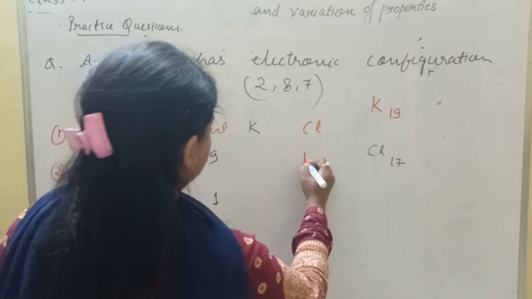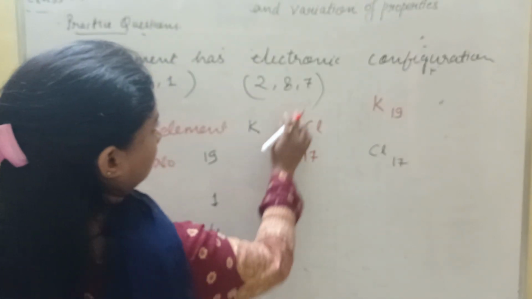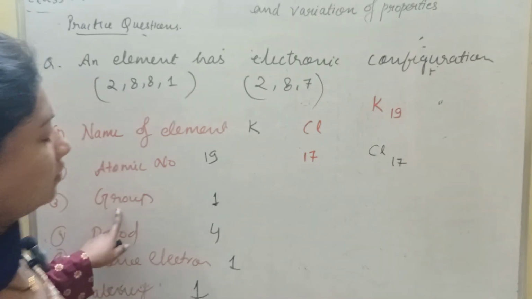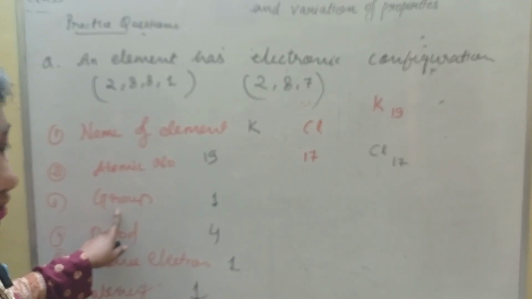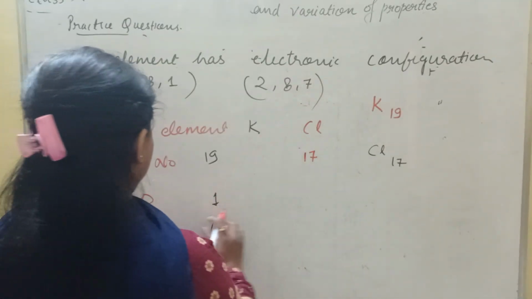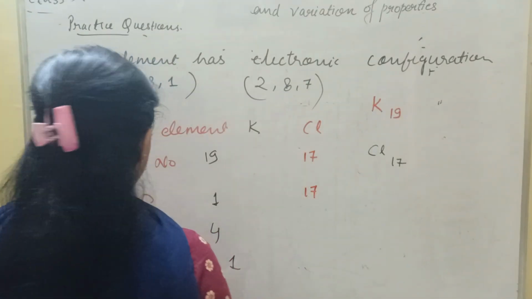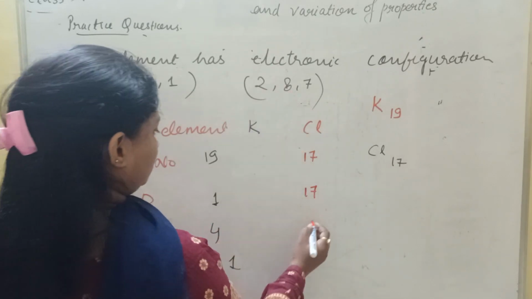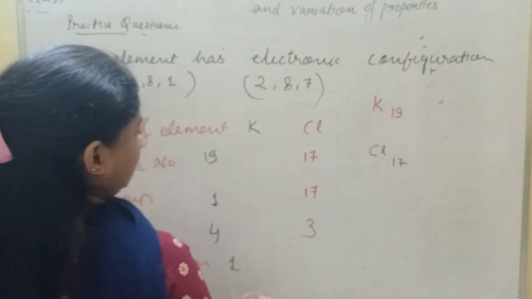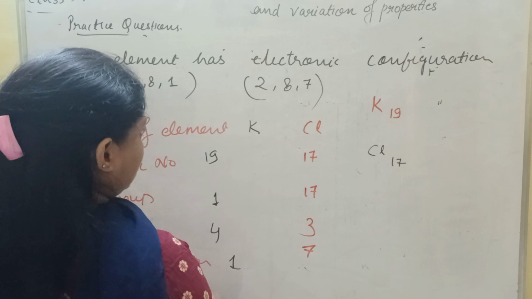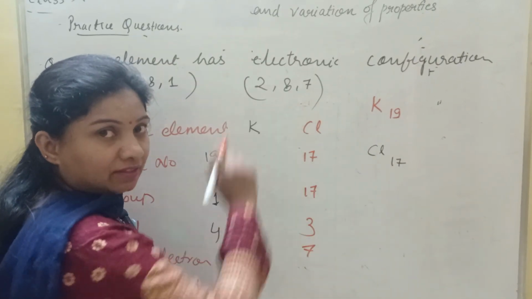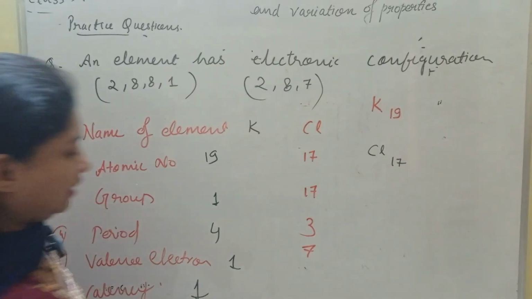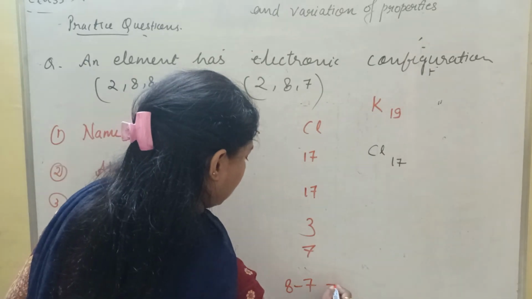Atomic number is 17. Group: to which group will it belong? Last shell has 7, so it belongs to the 17th group. Period: 3 shells, so third period. Valence electron is 7 and valency is not 7. Valency is 8 minus 7, that is 1.